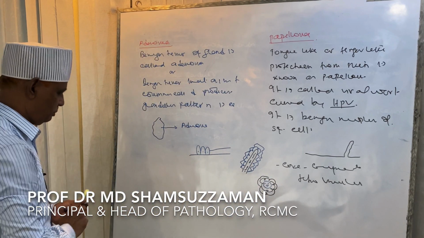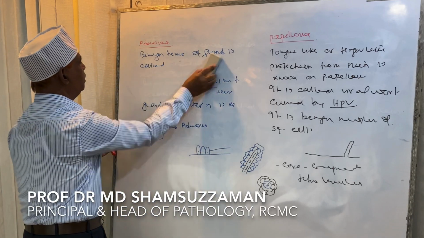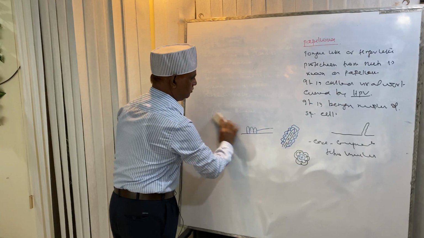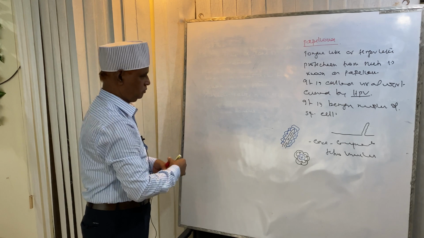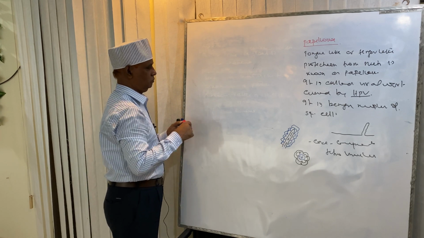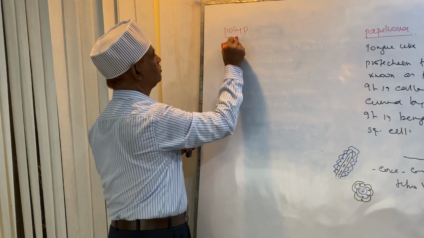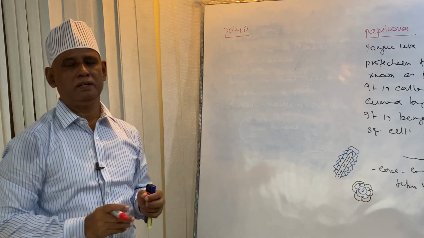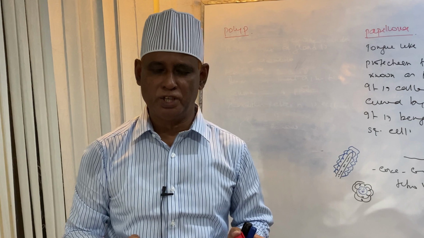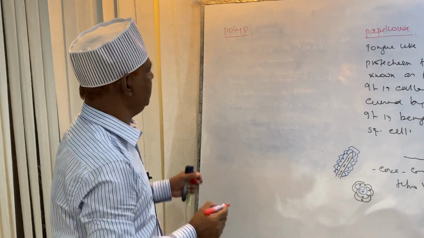This is the papilloma. Now come to polyp. Polyp is a tongue-like or finger-like projection from the mucosal surface.